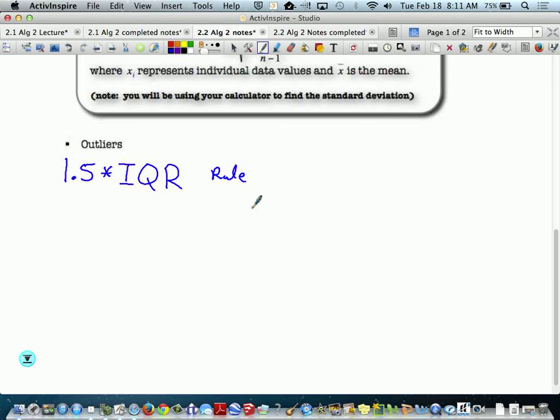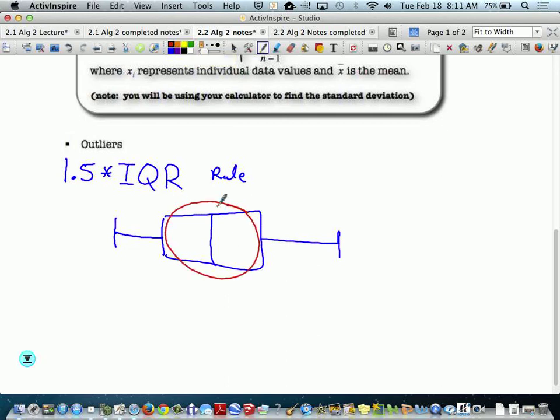So what you're going to do is you would have a box and whiskers plot going on. The idea is the IQR is what's in the box, right? Then when you multiply by 1.5, you get the same amount of what's in the box. So 50% of my numbers are here. By multiplying by 1.5, I have that same 50% plus half as much.